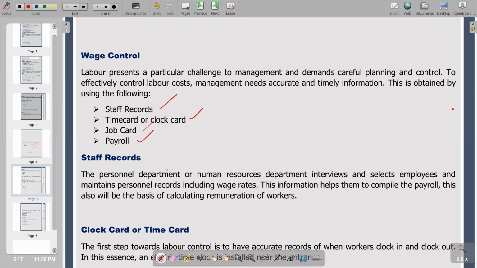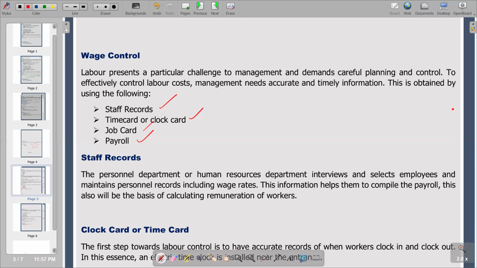Staff records. This is the department, and obviously they contain the employees' or the workers' information. This is going to enhance the calculation of wages so that there is accurate calculation of wages according to actual information that relates to each and every employee. According to the information that we're given here, this information helps them to compile the payroll, calculating remuneration of workers.